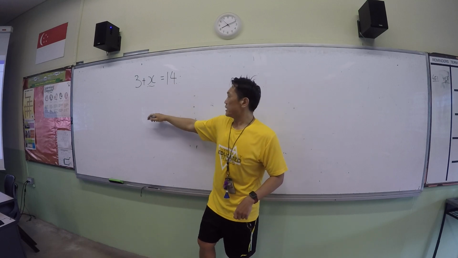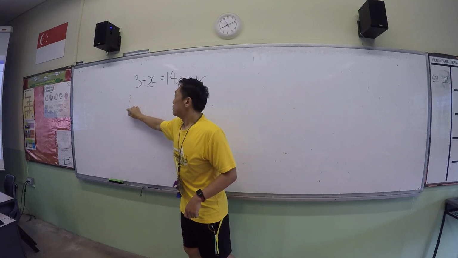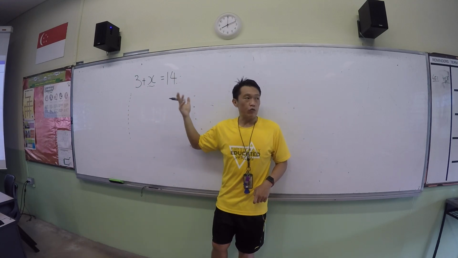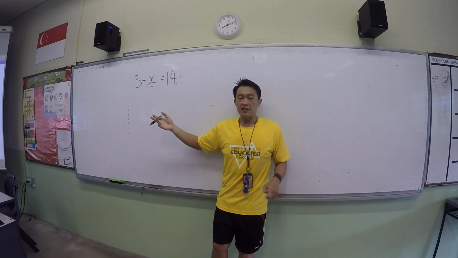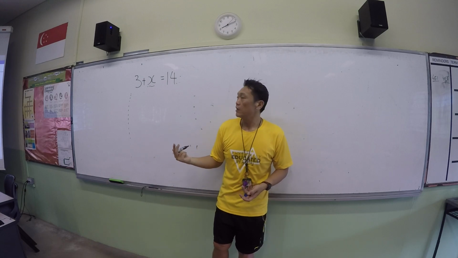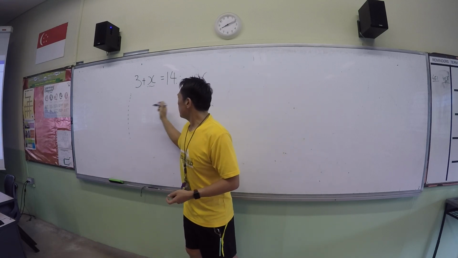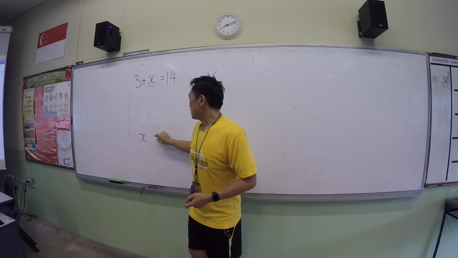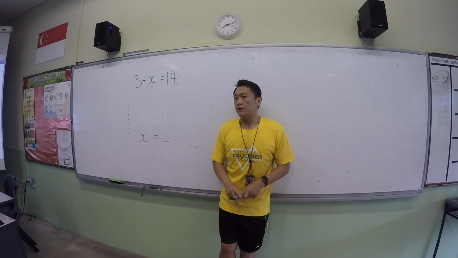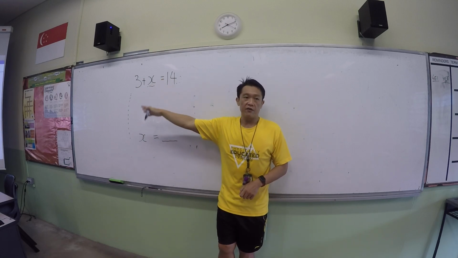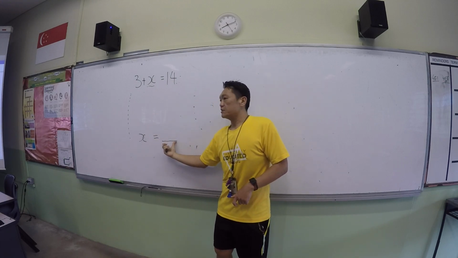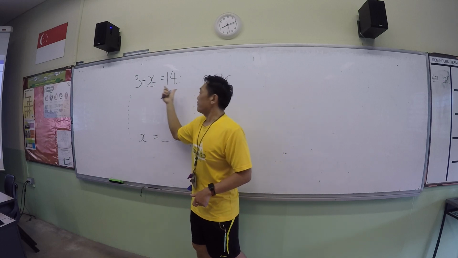From this equation, we can write a lot of equations. As long as left and right we do the same thing, left will still be the same as right. And as long as we do the same thing on both sides until x is on one side and all the numbers are on the other side, then we would have deduced that x must be the same as this value to make left and right the same.